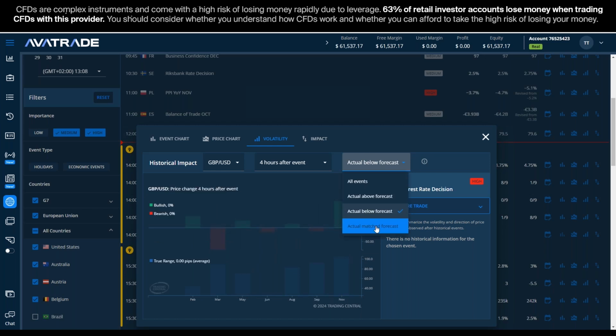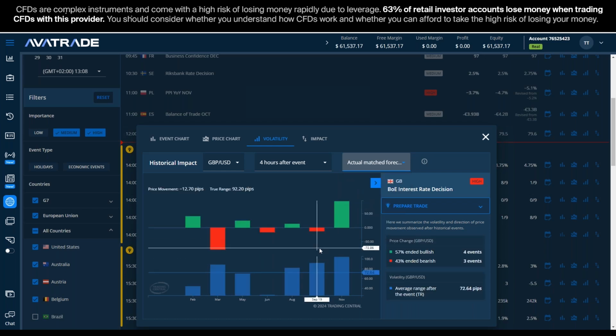So if it matched the forecast in the past, what happened? And it looks like half the time it went down and half the time it went up. So this many times is the case with interest rate announcements. They come in as expected, and the movement is unpredictable. Why? Because the movement is based more on what they have in the meeting minutes or in the press conference, what's said.